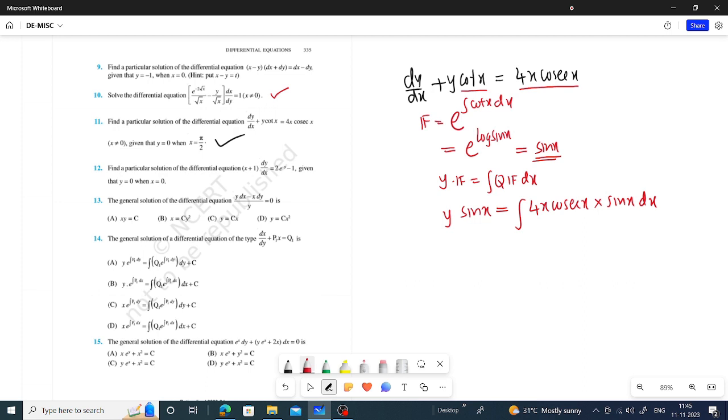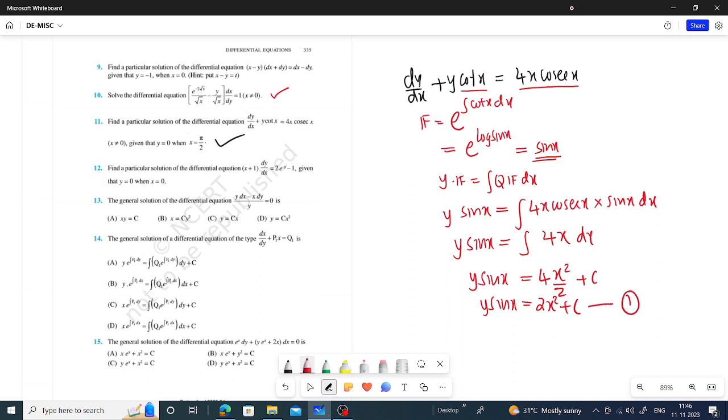Cosec x is 1 by sin x, so 1 by sin x into sin x, those terms will cancel. So y sin x equal to integral of 4x dx. The answer is y sin x equal to 4x integral is x square by 2, so y sin x equal to 2x square plus c is the general solution of the differential equation.